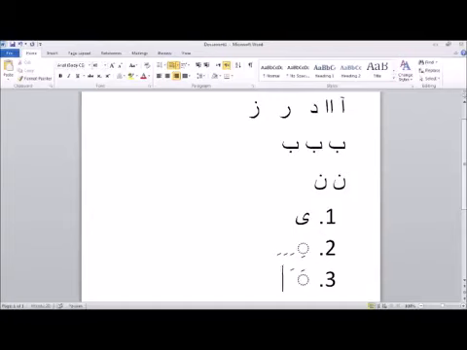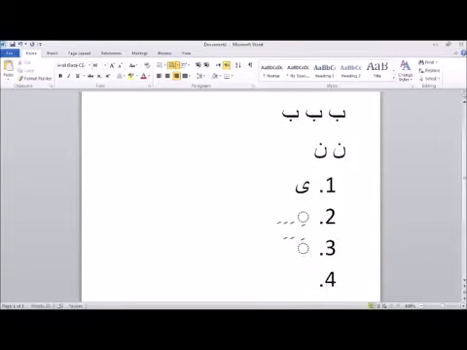These are not letters; they are signs, okay? For A, we have this. This is A initially, and A finally, or in the middle position.